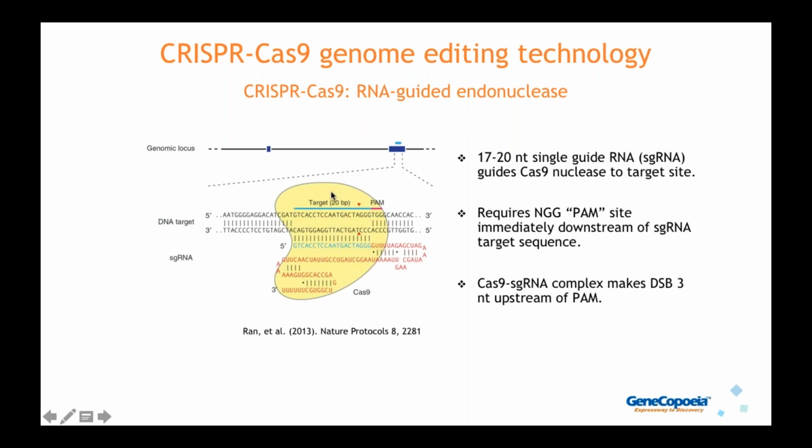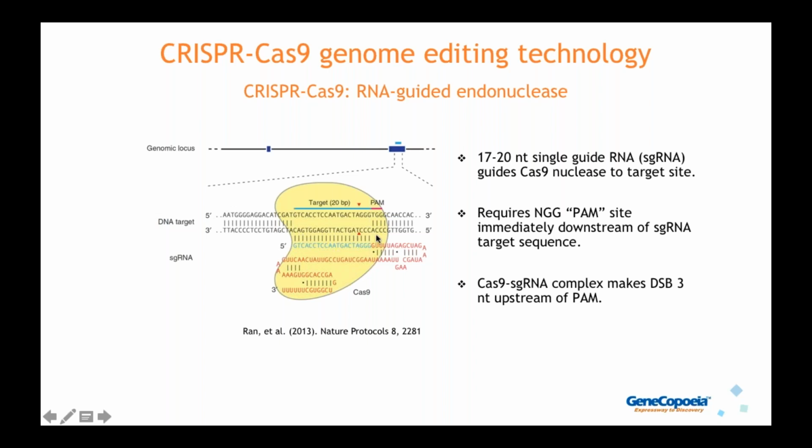It's a three-component system. So first, there's the Cas9 nuclease, which is denoted by this yellow shape here in this figure. But this does not have nuclease activity on its own. Instead, it needs to be complexed with two RNA species. The first is shown here, not the red part, but the black and blue part, which is known as the CRISPR RNA or crRNA, and that provides target site specificity.